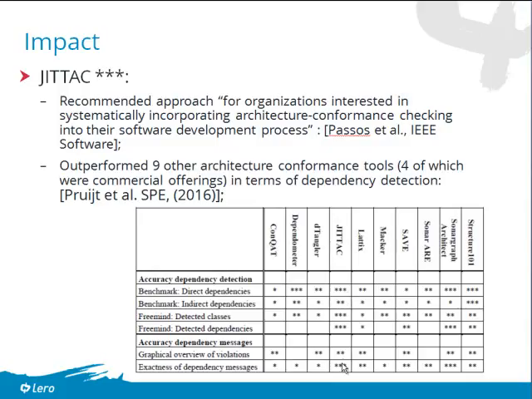You can see it has the highest number of stars here. Also, in Pass's review of the area, he said that our approach was best for organizations interested in systematically incorporating architecture conformance checking into their software development process. So that was a nice reflection of our work.